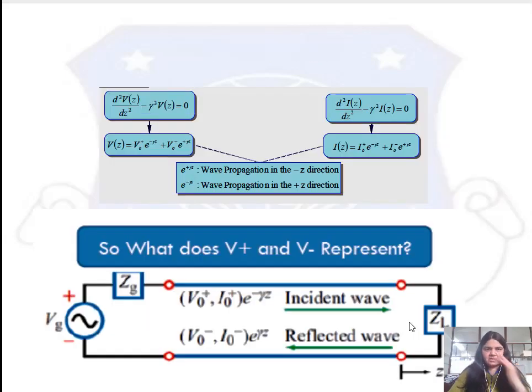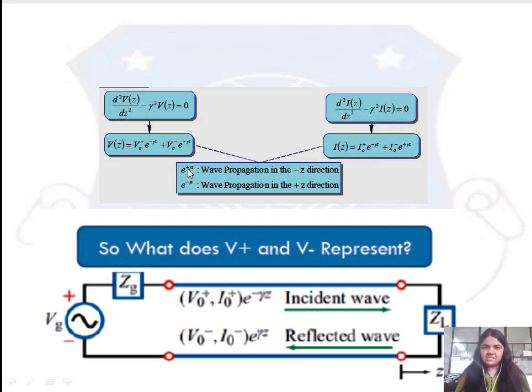Similarly, this Vz consists of two portions, the incident wave and the reflected wave. So Vz is V0 plus into e raised to minus gamma z plus V0 minus e raised to plus gamma z, and Iz is equal to I0 plus e raised to minus gamma z plus I0 minus e raised to plus gamma z.